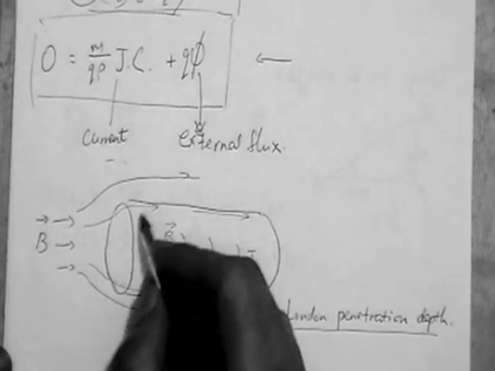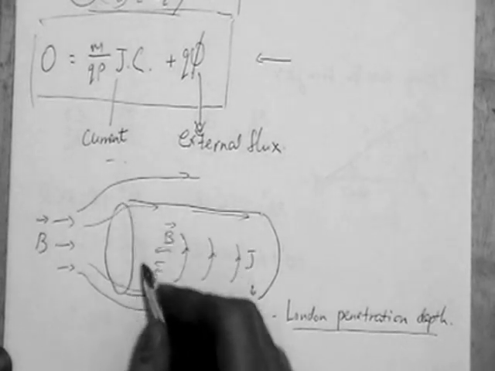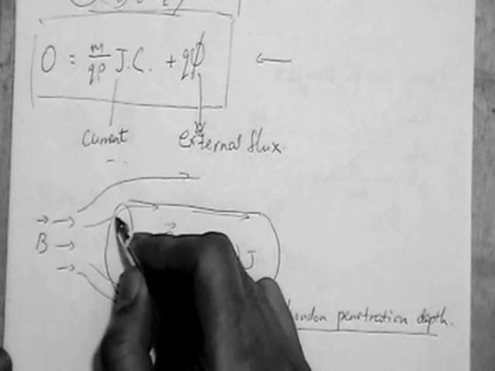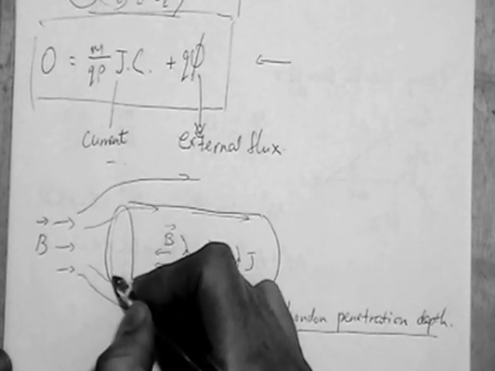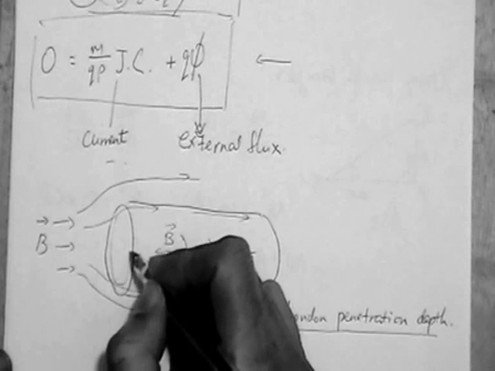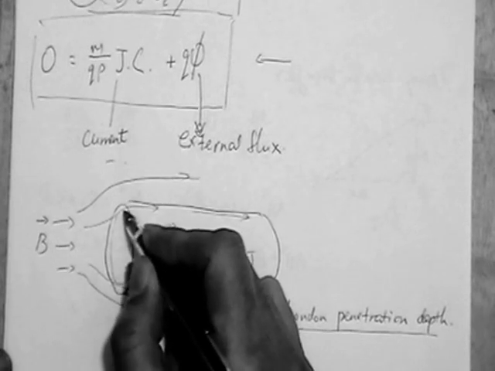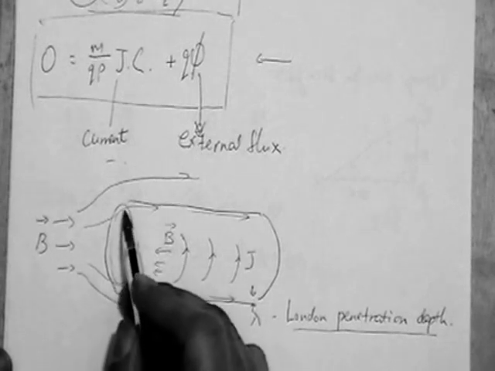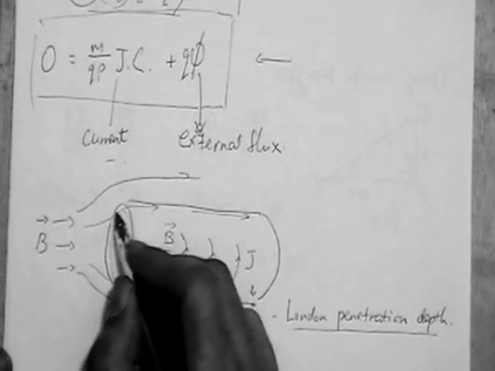So this means that if I look at a cross-section of the body, then we can think of this bit of the area.